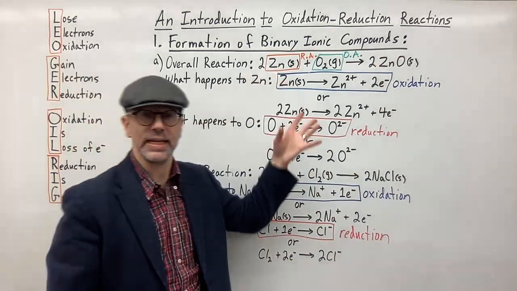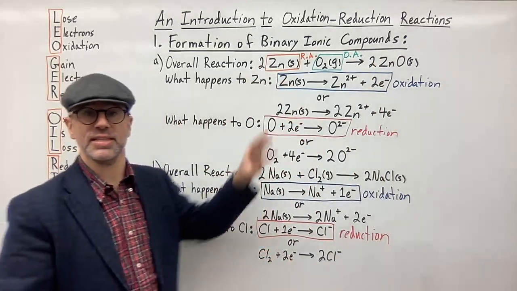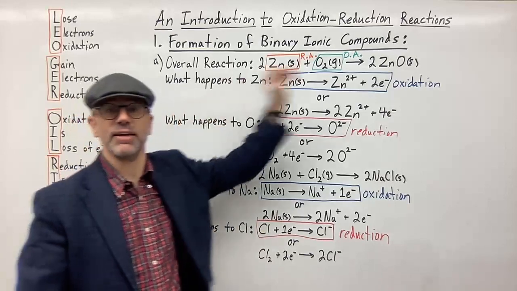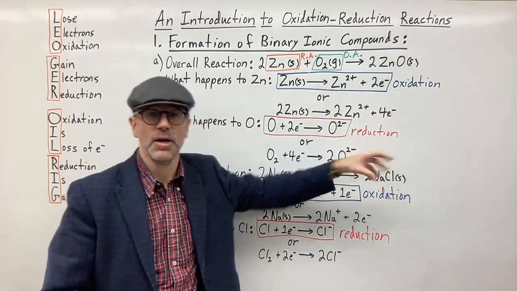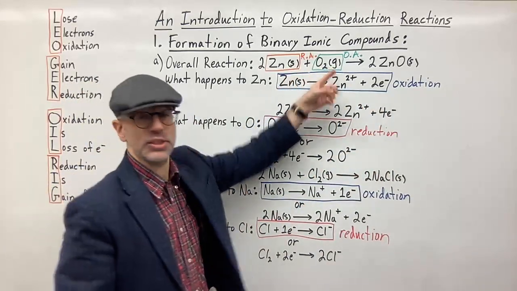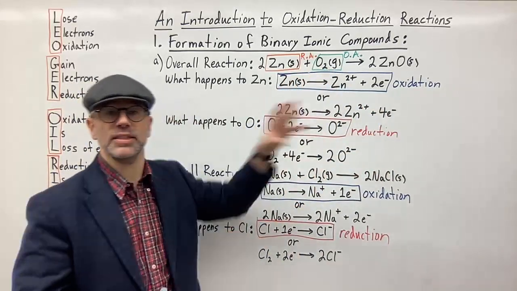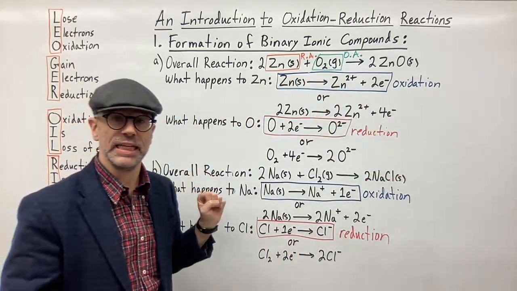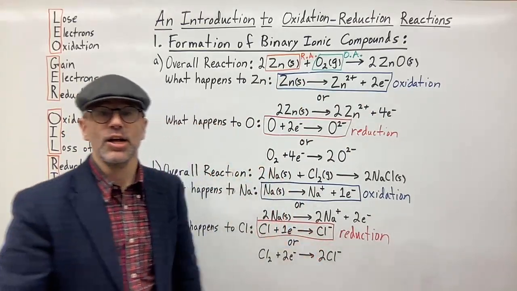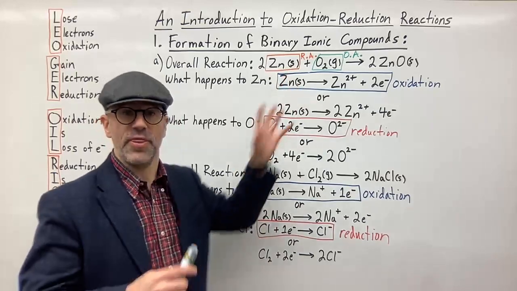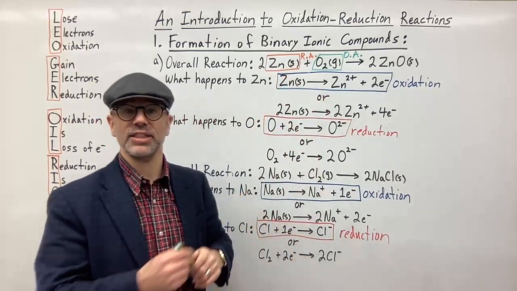And so zinc is the reducing agent because it's giving electrons to oxygen, causing oxygen to be reduced, right? But then oxygen is the oxidizing agent because it's taking electrons away from zinc, causing zinc to be oxidized, right? So that's how you figure out oxidizing agent and reducing agent.